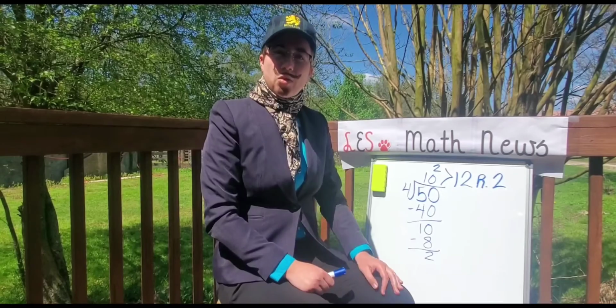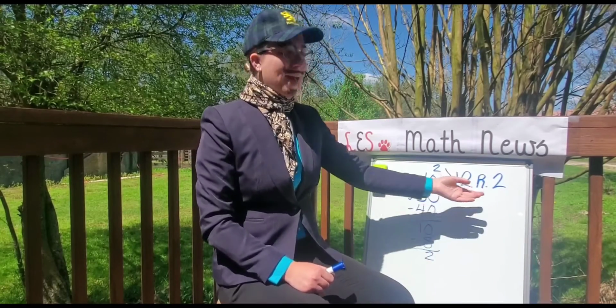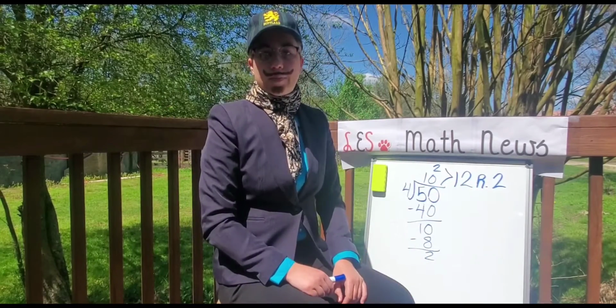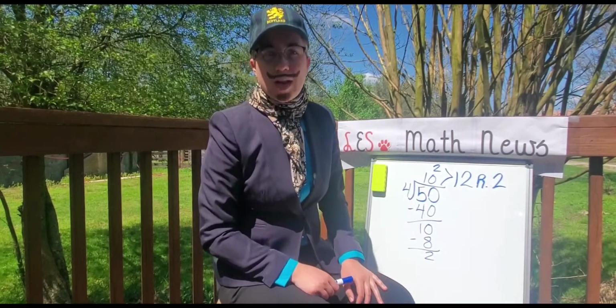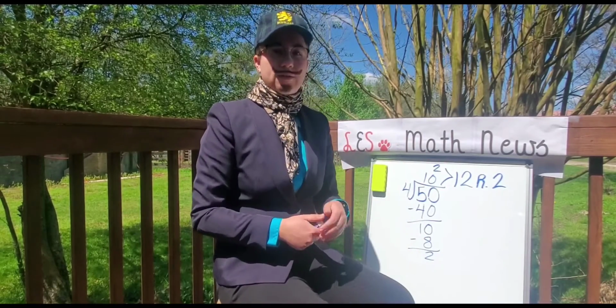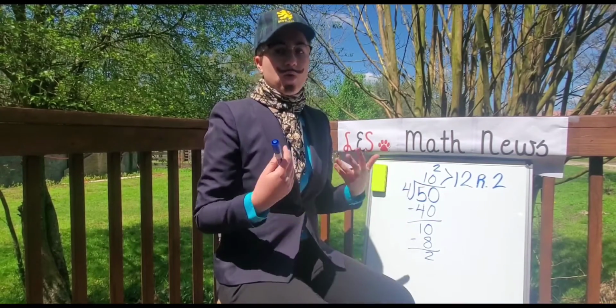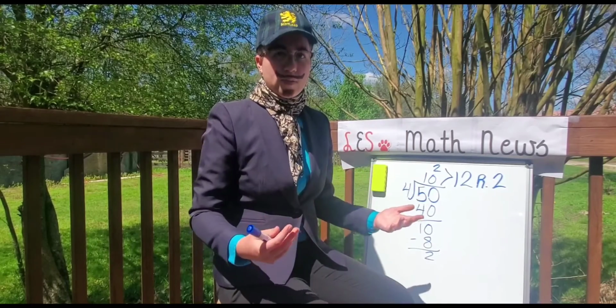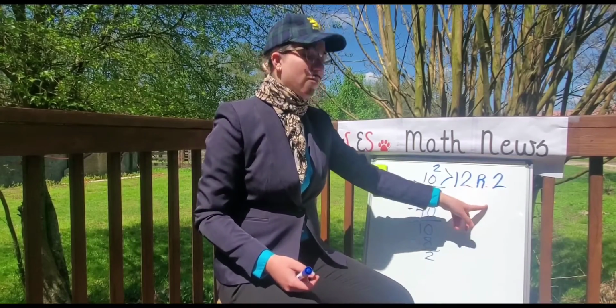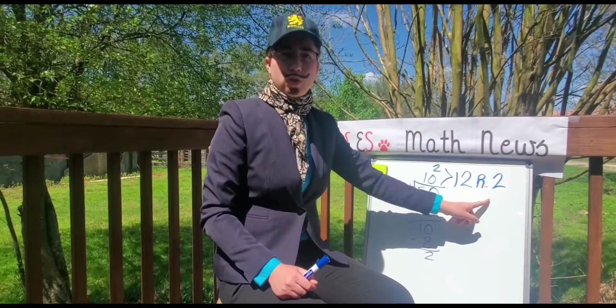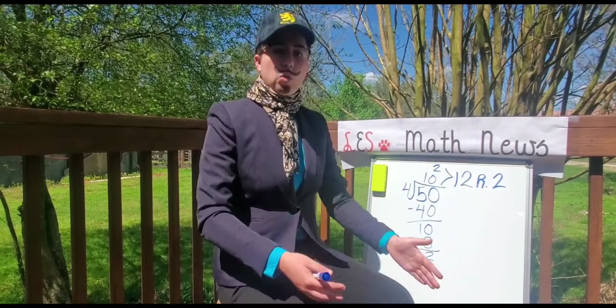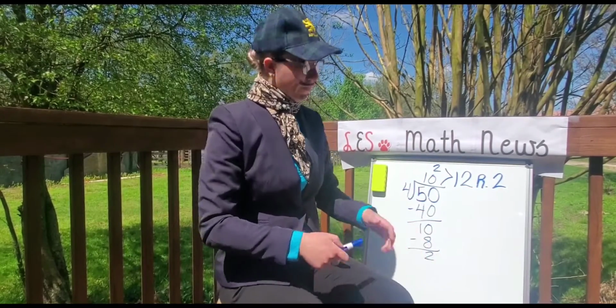So what I need to do is, well, I can't share. I also can't ignore this time, because I can't leave little Wanda and Enrique back at school. They have to go on this field trip. So the only thing we can do is round. Now in this instance, we can't round down because those two children have to go on this trip. So what we have to do is round up.